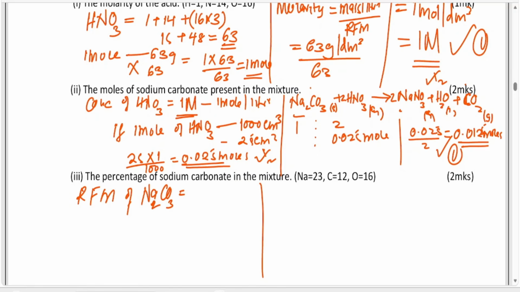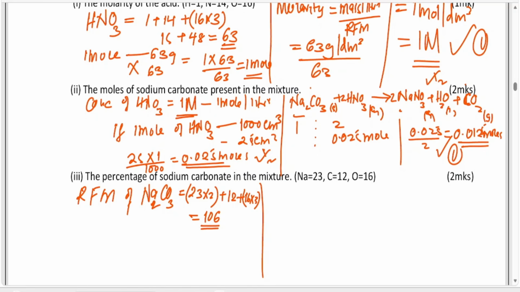We have 23 times 2 plus 12 plus 16 times 3, and when I work this out, I'll get 106. So that is the relative formula mass.